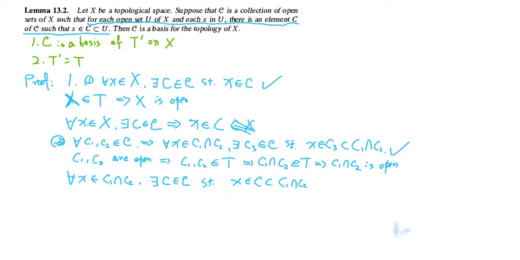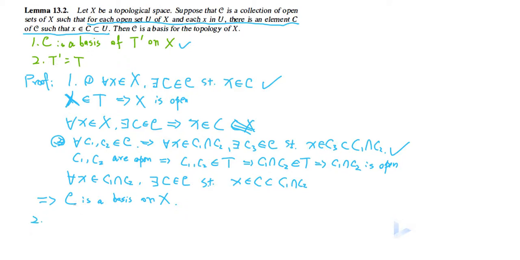So according to those two properties, we can see that the collection C is a basis on X. Okay, we have proved this first step.